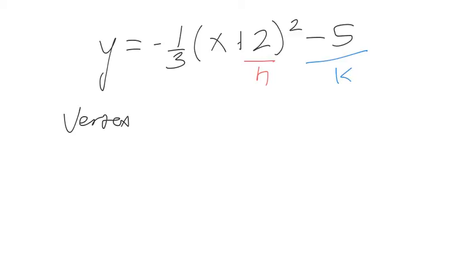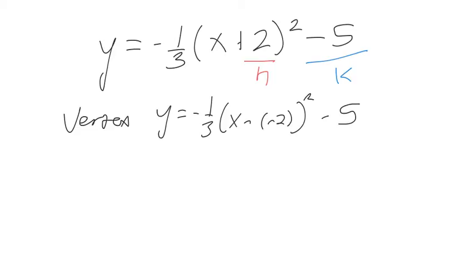Now, you have to be a little careful with the h here, because this is the way it's typically written, to simplify things. But in actuality, because of the way the general form is written, I should have written y equals negative 1/3 (x minus negative 2) squared minus 5. It's a little more complicated, but here I've explicitly stated x minus h. The h is negative 2, not positive 2.